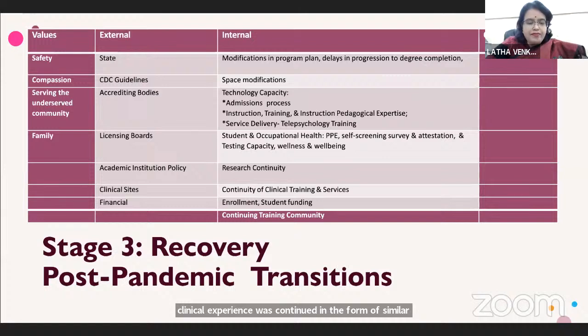And of course, the financial problems of the students were also kept in mind. Suddenly we asked them to go home. Suddenly we asked them to come back. The students are from all over India. They have to book their tickets and spend on additional travel expenses. And those kinds of financial commitments were also kept in mind.